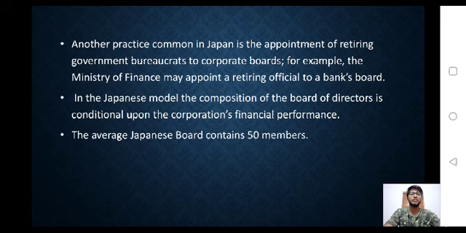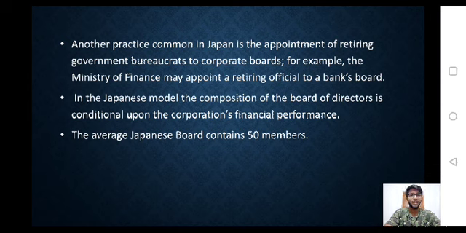This is one practice. Then another practice common in Japan is the appointment of retiring government bureaucrats to the corporate boards. For example, the Ministry of Finance may appoint a retiring official to the bank's board. This is another practice. In the Japanese model, the composition of the board of directors is conditional upon the corporate's financial performance.